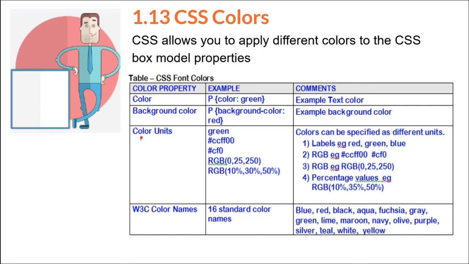Now colors can be measured in different units. We can use English words like green, blue, red, for example here, as labels. We can also use the RGB number settings. So for red, green and blue we've got #CCFF00, where CC is for the red channel.